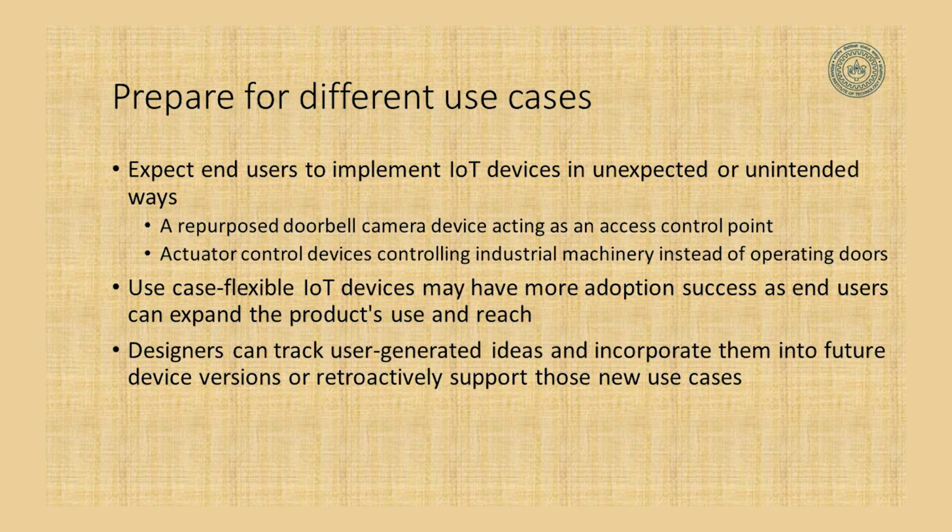Designers can track these user generated ideas. So, users also generate ideas. So, once you have created and developed a new IoT product and you have launched it on Amazon or eBay, then you look at the feedback.